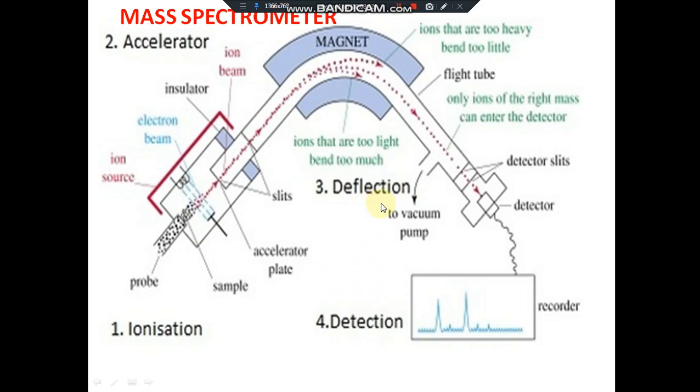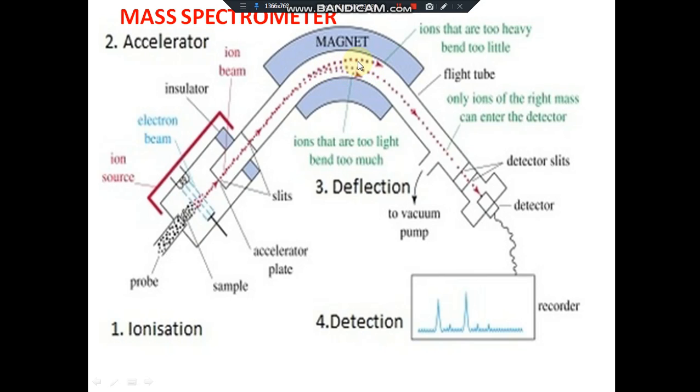This is the diagram of the mass spectrometer. It consists of the ionizing chamber, accelerator, deflector, and detector. First the gaseous molecules produced from the sample are ionized, and then these ions are accelerated. Fragmentation occurs, and the ions are sorted according to their mass to charge ratio.